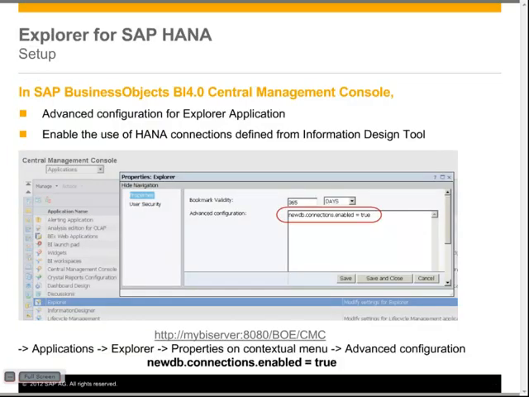To set up an existing Explorer to be configured with HANA, you would go into the Central Management Console of Business Objects, and then you would enable Explorer to use the JDBC connection to the HANA system that you would have defined previously in the Information Design Tool.